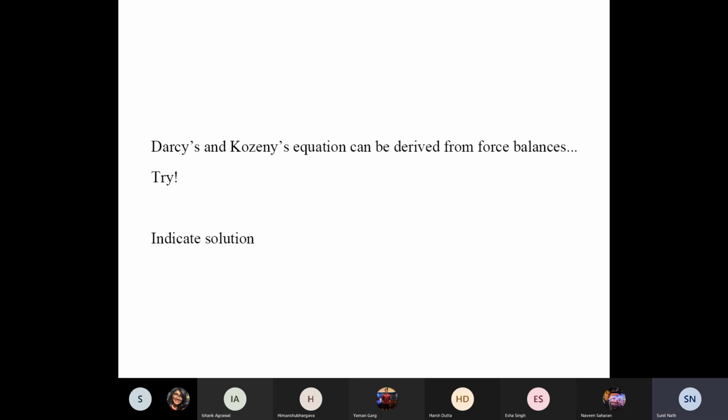Now, a few minutes ago, I indicated that this force has to be balanced by the pressure drop across the bed. Now, what you have to think is: is this pressure drop going to be balanced by the entire bed or only by a certain fraction of the bed?